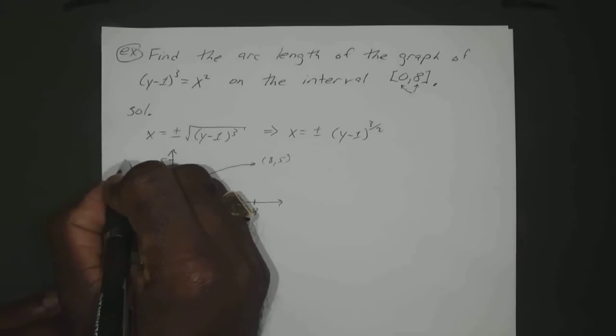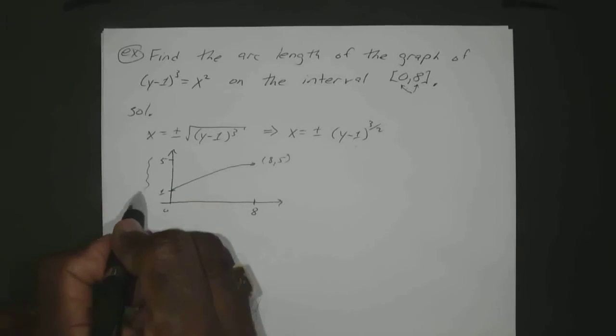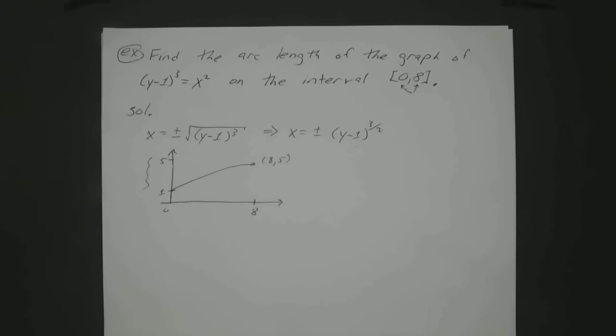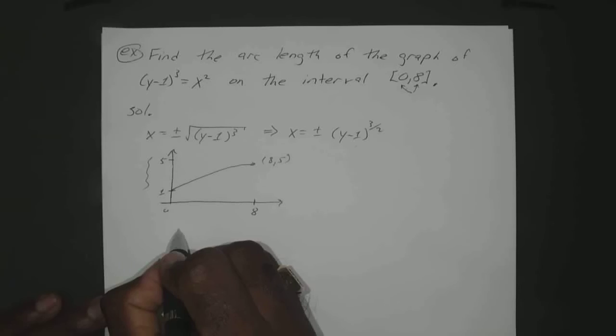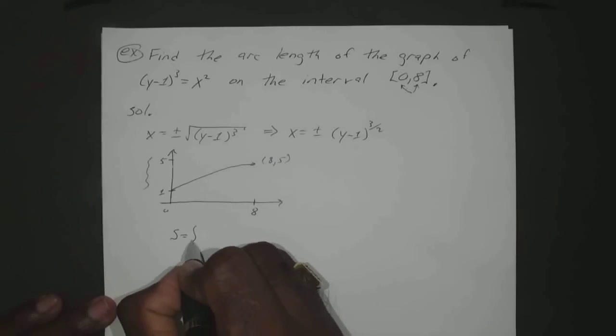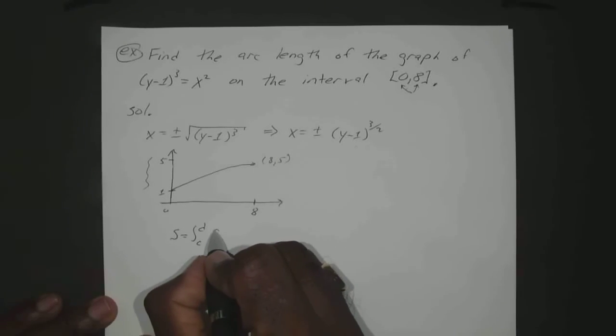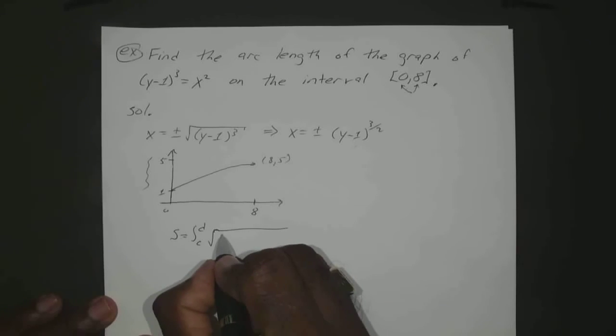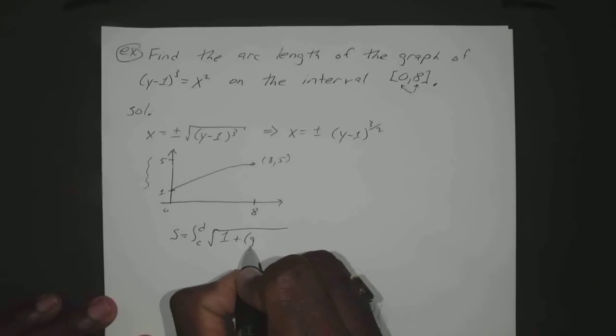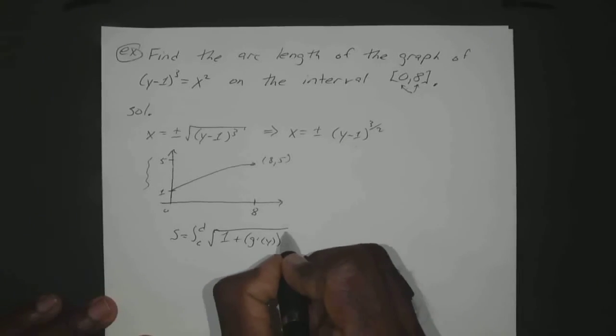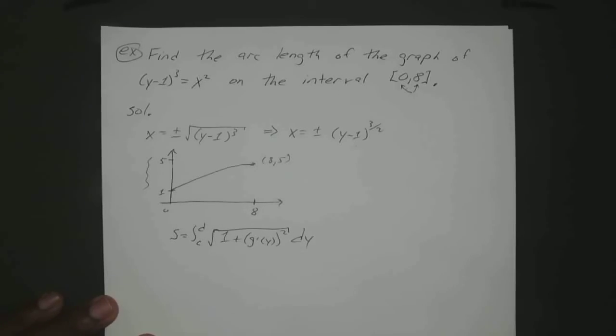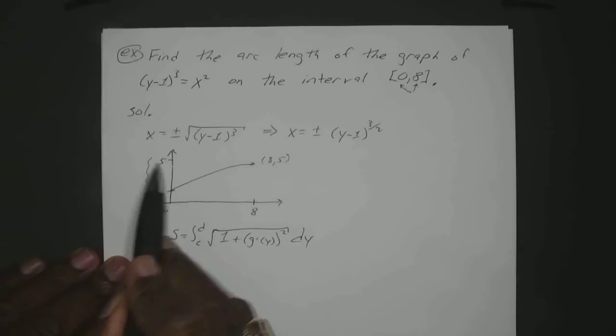So instead of the x-axis from 0 to 8, since we're going to use the formula s equals integral from c to d of the square root of 1 plus g prime of y squared dy, we're going to need our interval on the y-axis. So that means the interval here is from 1 to 5.